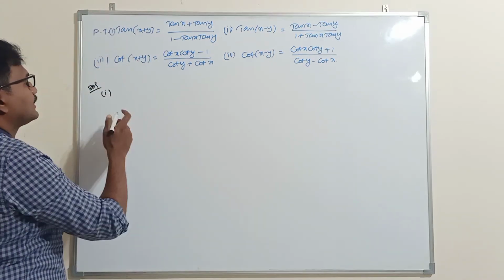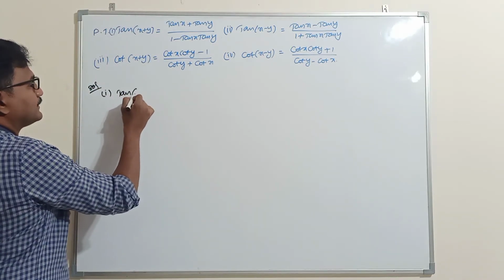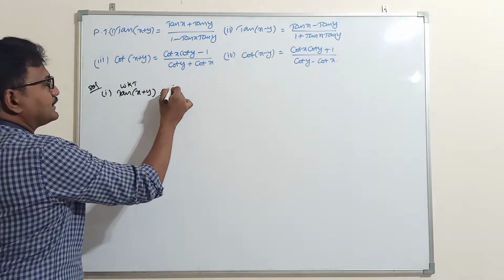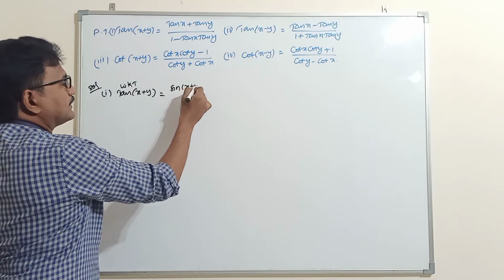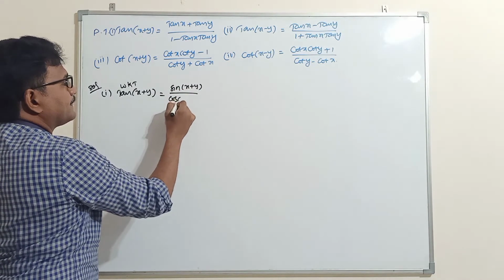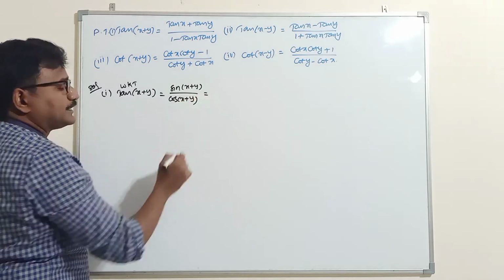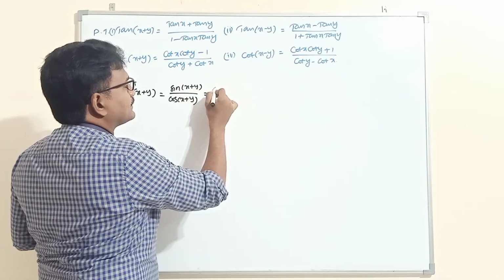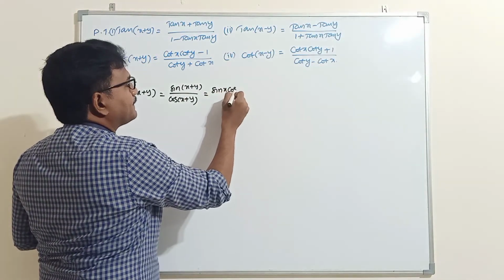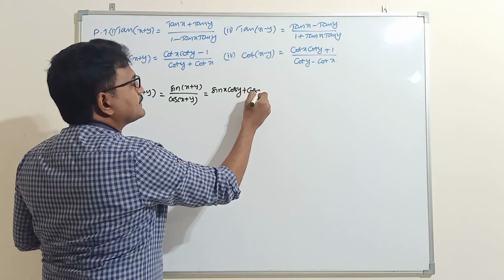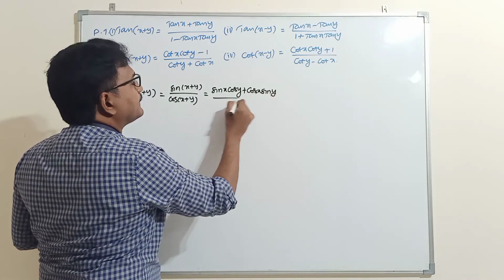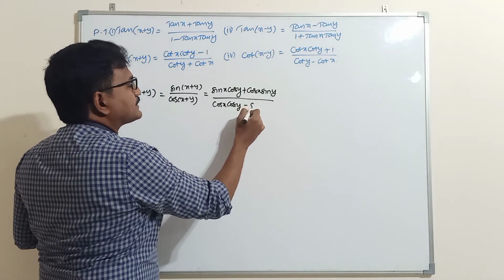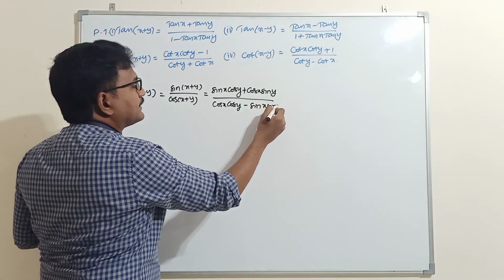So first I am taking tan of x plus y. We can write tan as sin by cos, so sin of x plus y by cos of x plus y. We know sin of x plus y is equal to sin x cos y plus cos x sin y, by cos of x plus y, which is cos x cos y minus sin x sin y.